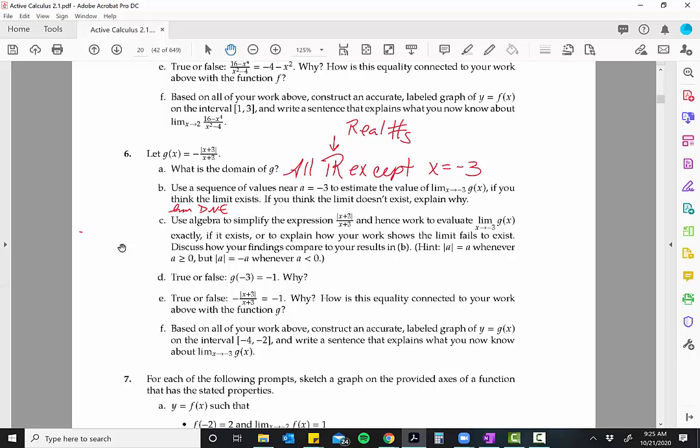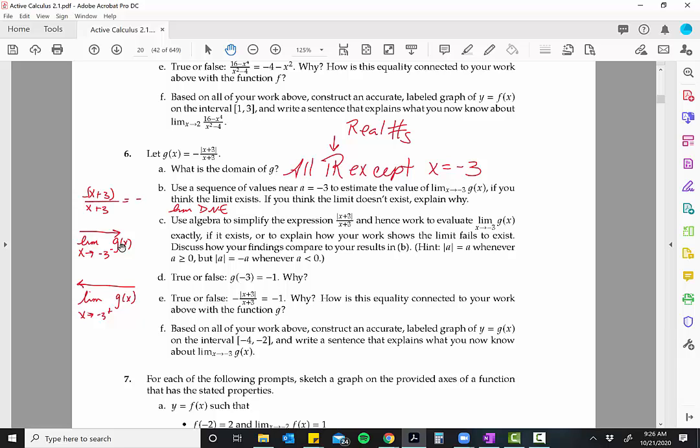So this is implying that we take a left-hand limit as x approaches negative 3 of g of x, and we want to find that one from the left. And then we want to find the limit as x approaches negative 3 from the right of g of x. So when we have the left, we're going to assume the absolute value is the opposite of x plus 3 over x plus 3.